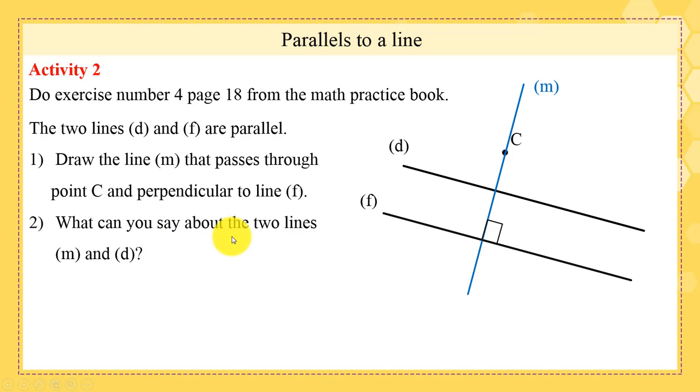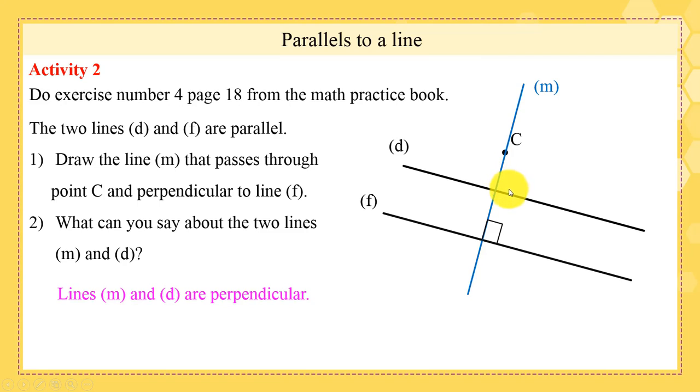What can you say about the two lines M and D? This is line M and this is line D. What can you say about them? Lines M and D are perpendicular. Excellent. Why are these two lines perpendicular?